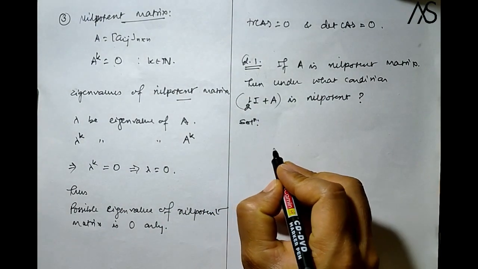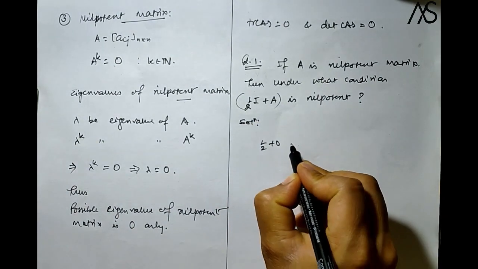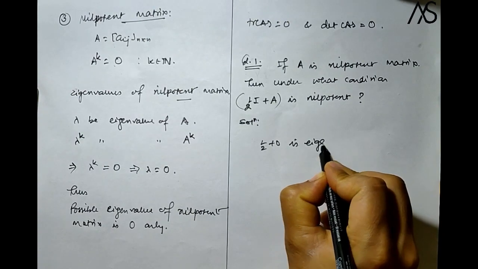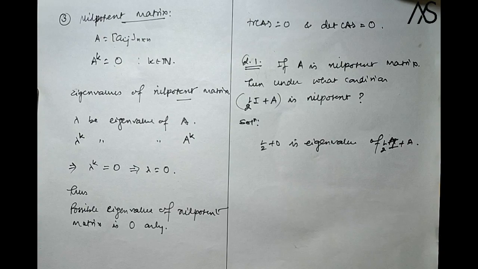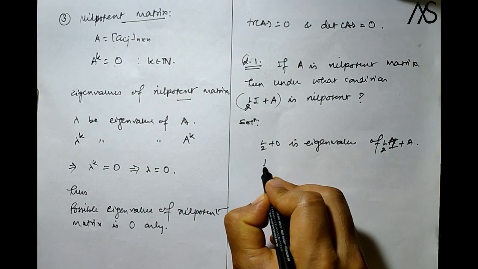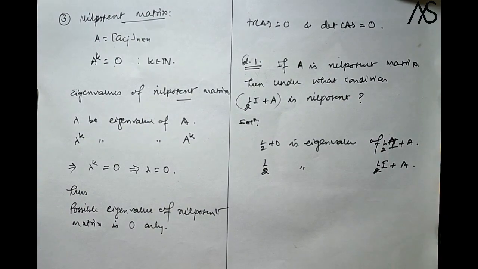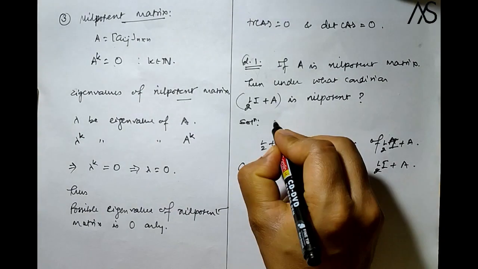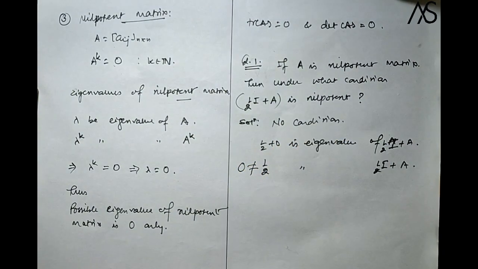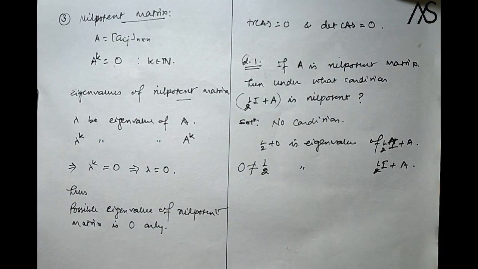So the eigenvalue of 1 by 2 I plus A is 1 by 2 plus 0, which is not equal to 0. So our answer is there is no condition. So there is no condition for this one to be nilpotent, because the eigenvalue of this one is never 0.